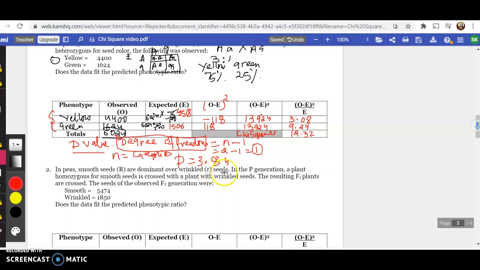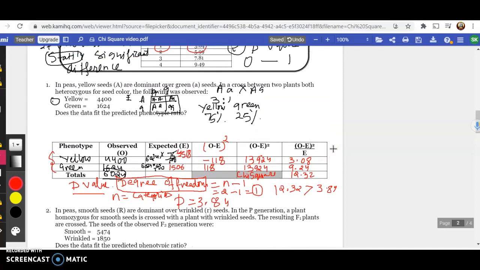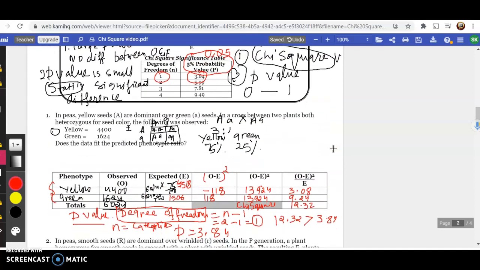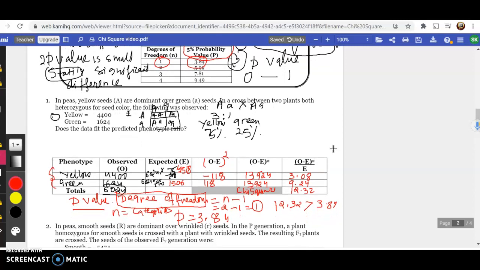Now if you see that our chi-square value, which was 12.32, is bigger than our p-value, 3.84. And if you go on the top, what I have written is, if the p-value is small, then there is a statistically significant difference.